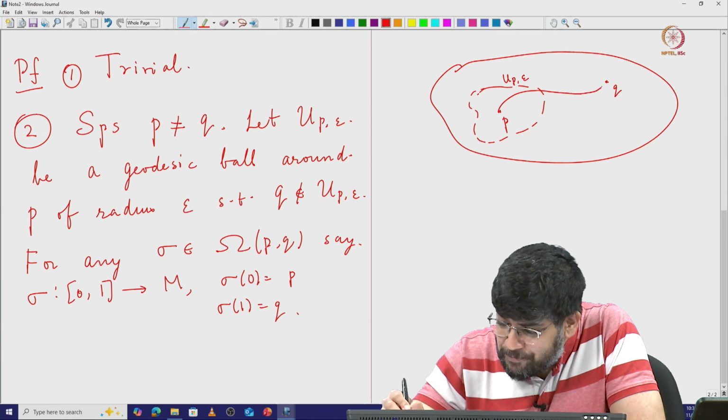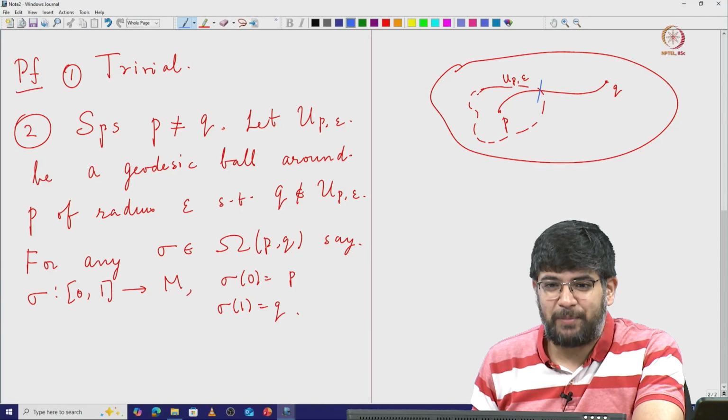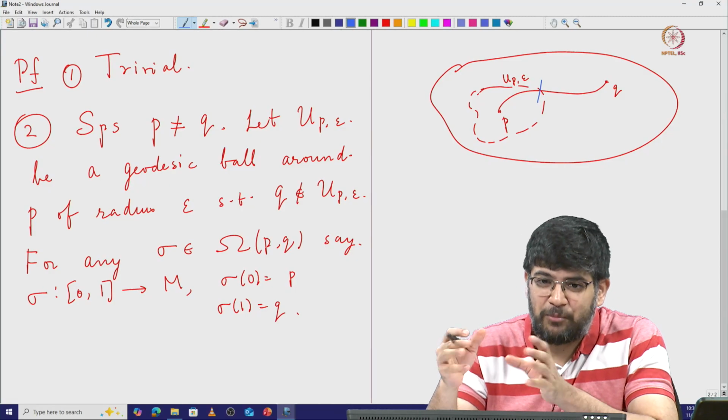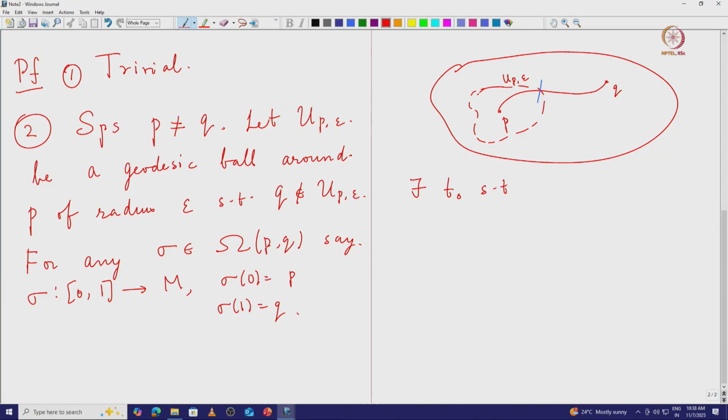Now suppose you take any path connecting P to Q, there is a first time where the path will leave the geodesic ball U P epsilon. So there exists a T naught such that T naught is the first time when sigma leaves U P epsilon, or equivalently sigma of T naught belongs to the boundary of the geodesic ball.